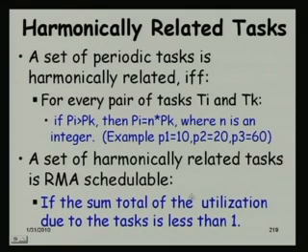The interesting result is that if the periods of a set of tasks are harmonically related, then they are RMA schedulable if their utilization is less than 1. The Liu Layland criterion was giving 0.778 and so on, but here you see that for harmonic tasks you are able to get almost 100% utilization.